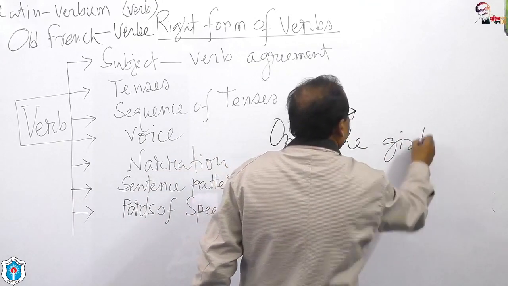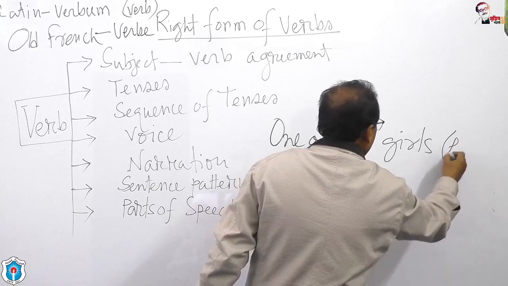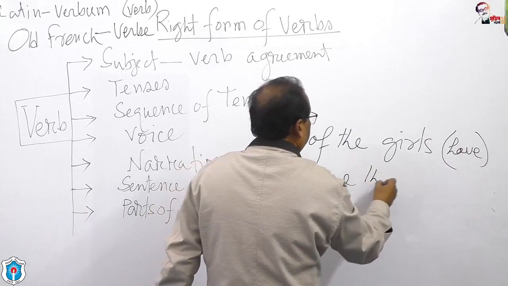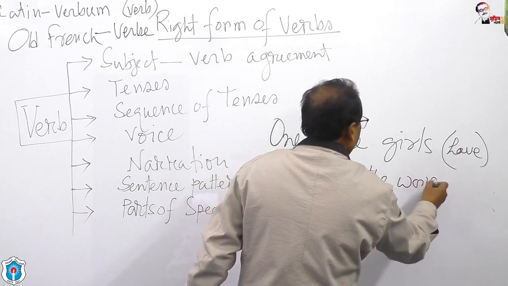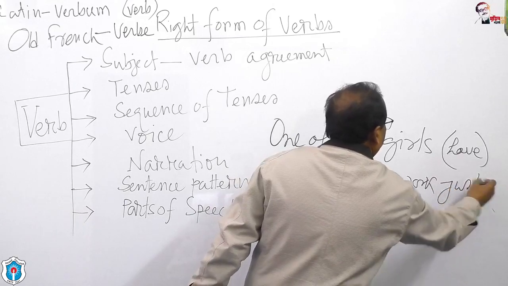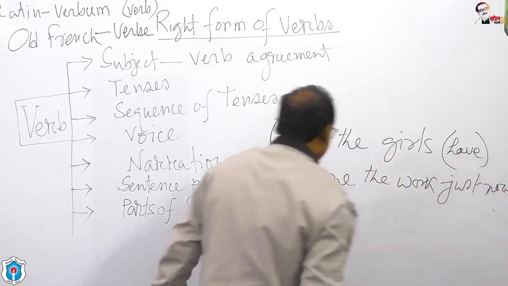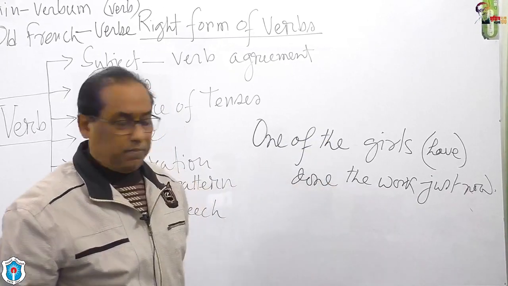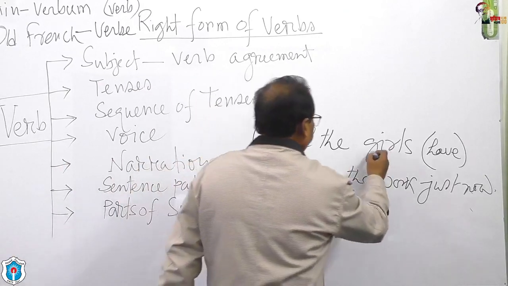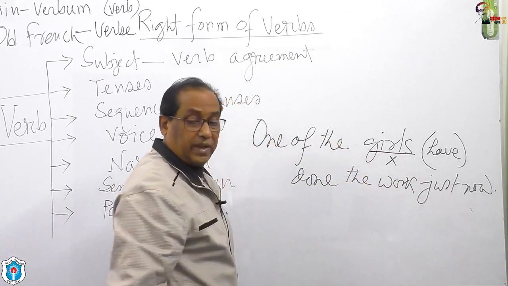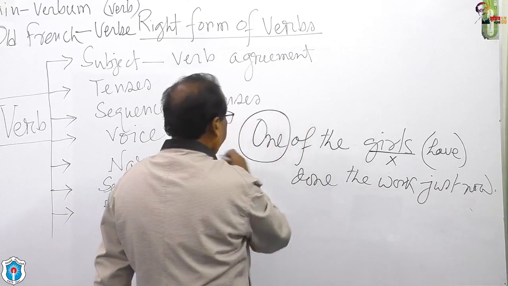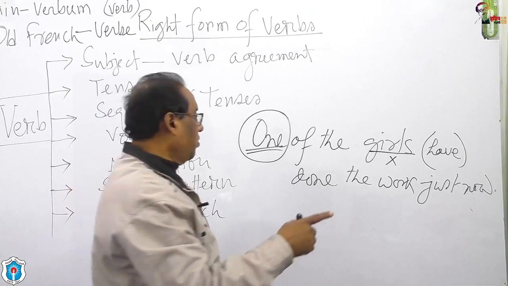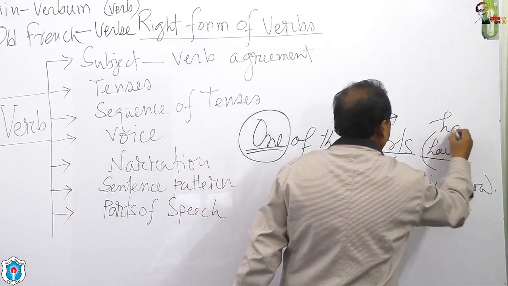Okay, another example. One of the girls has done the work just now. In this context, the girls is not the head word. The head word is one. So one is third person singular. Okay? So here the verb is has.